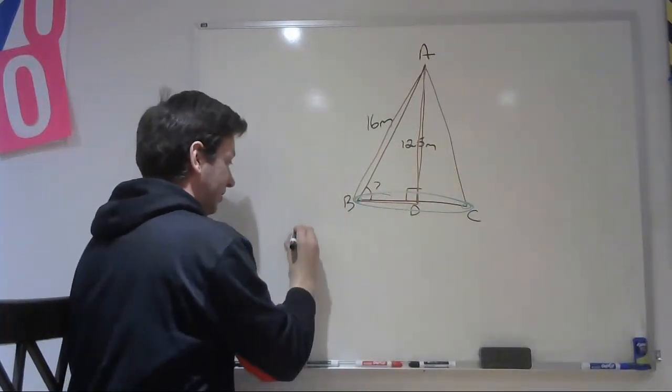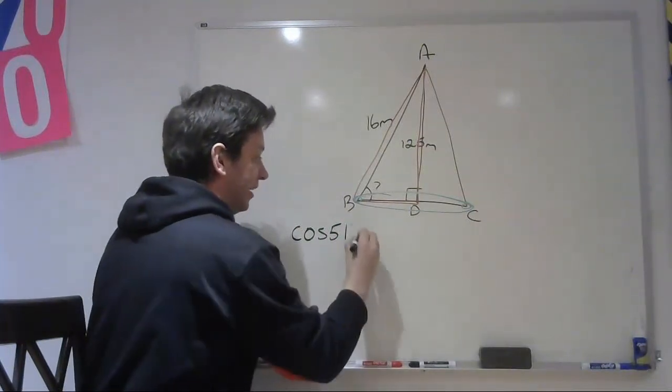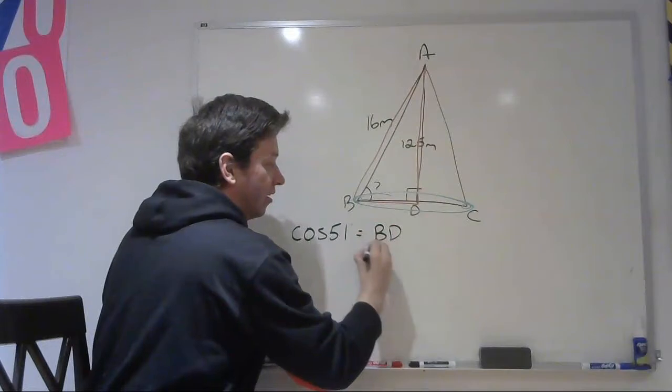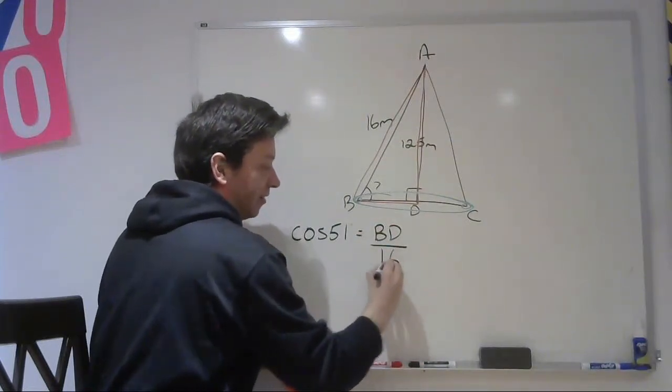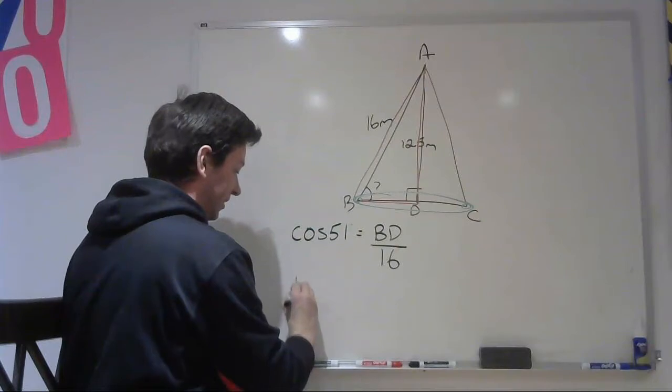I'll use cos. So the cos of that angle, which is 51, equals adjacent, that side, which I'll call BD, over hypotenuse, 16. Now if I want to solve for BD, multiply both sides by 16.